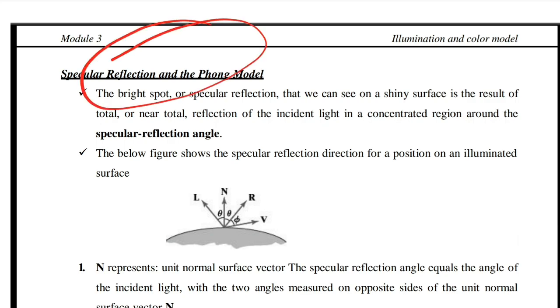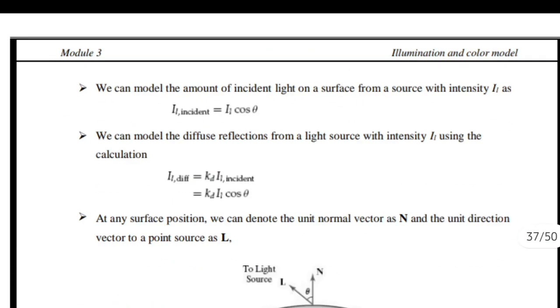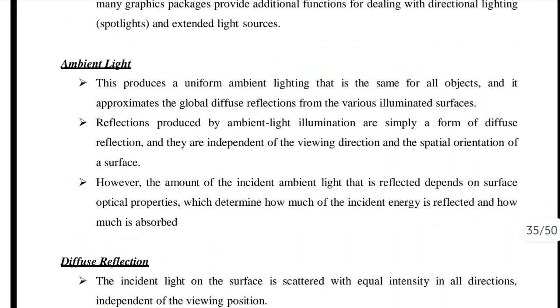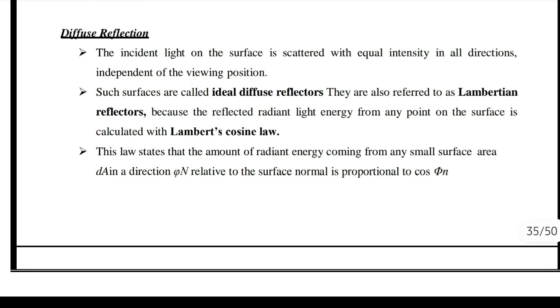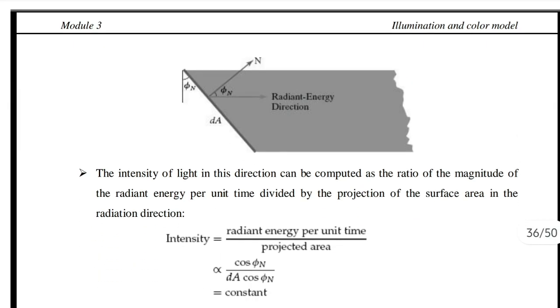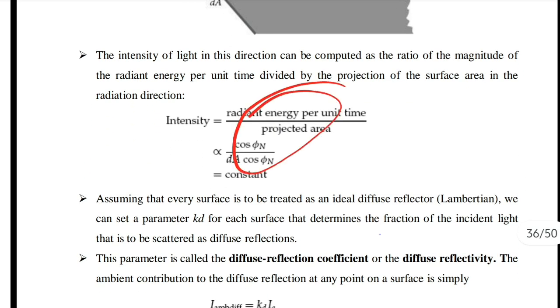Let's discuss the difference between each of these. Ambient produces a uniform ambient lighting that is the same for all objects. Diffuse reflection means light is deflected in different directions, as sunlight scatters the same way. That is known as diffuse radiation. So it is deflecting in different directions, and here is the formula which is given. You can go through it.